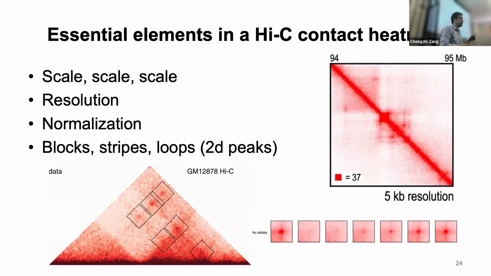But on the other hand, it also represents some technical issues in Hi-C experiments. Sometimes we want that information to be normalized out in the data analysis, because in Hi-C we're always interested in long-range or distal interactions, rather than the interactions on the diagonal.